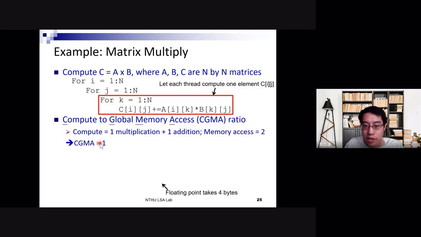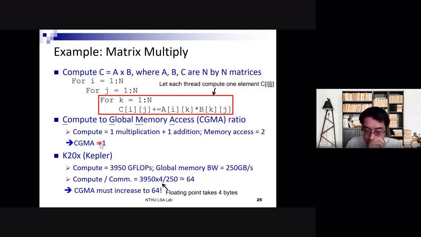That means every single computation operation requires 1 global memory access. This ratio certainly is not very good, and we need to find a way to increase it in order to minimize the performance bottleneck on memory access. All right, and how much of a ratio do we want to achieve?